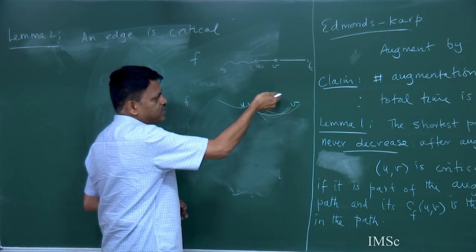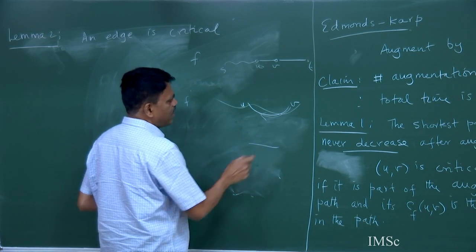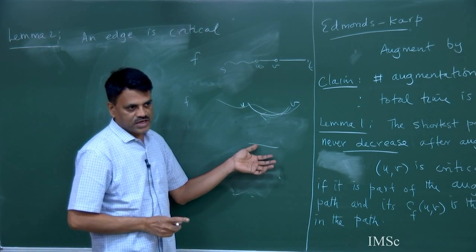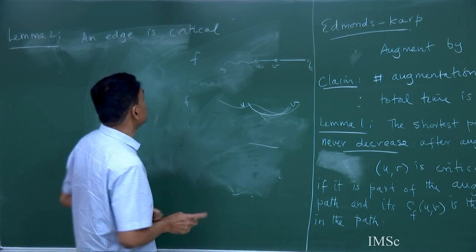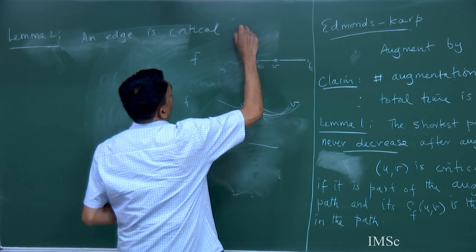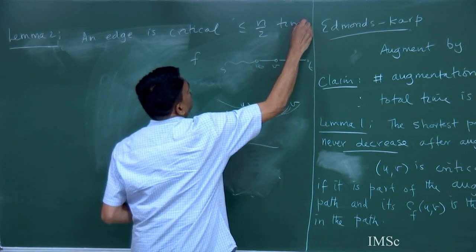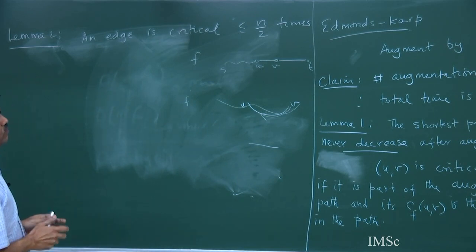So this edge has a certain residual capacity, it will come back again, and in that augmenting path, it's critical. Right? The same edge can become critical multiple times. So an edge is critical at most n by 2 times. This is the next lemma.